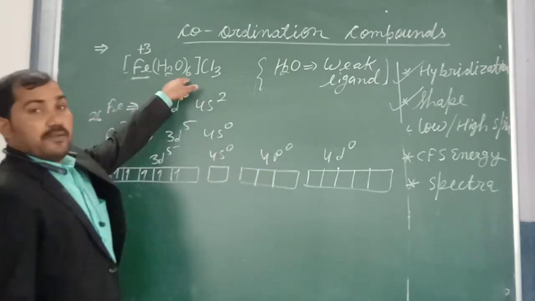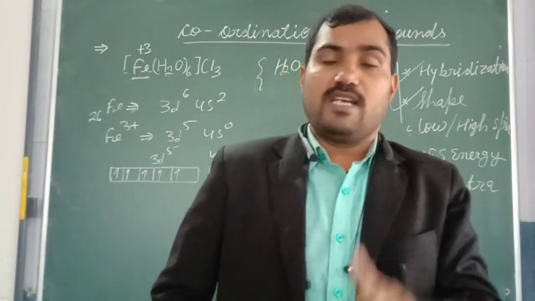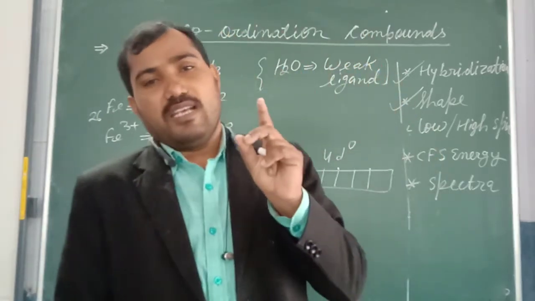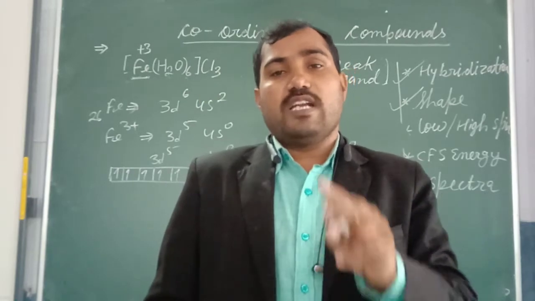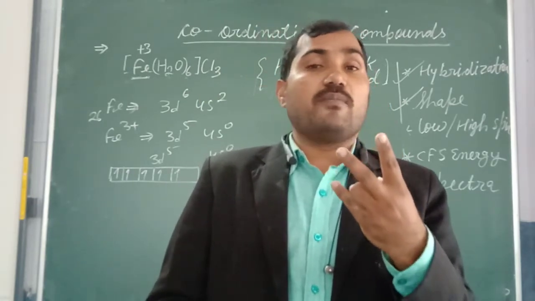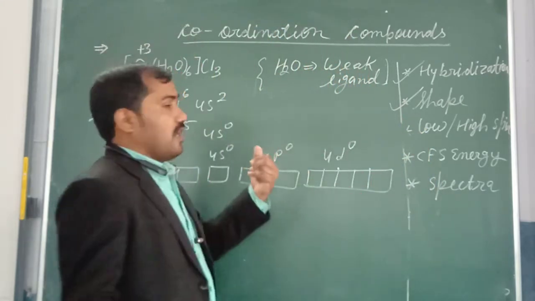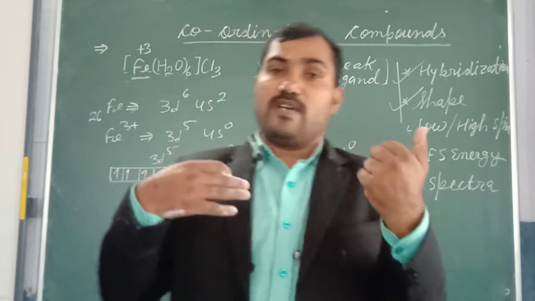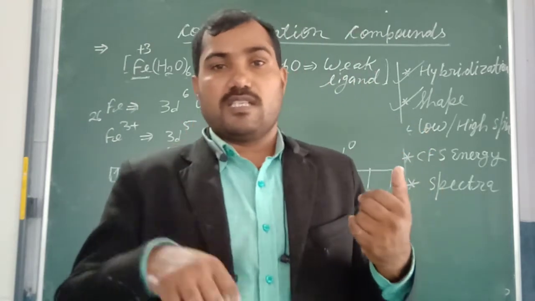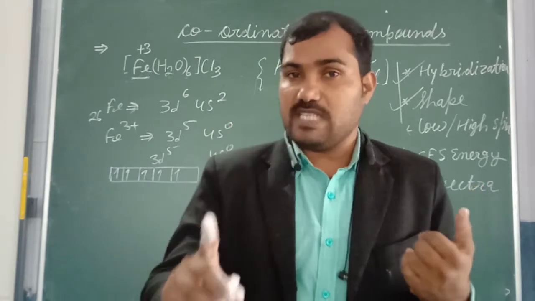How many ligands you have? You have six ligands, 6 water molecules, coordination number 6, and each ligand donates a pair of electrons, that is 2 electrons, into the vacant orbitals of the central atom. It means the central atom is accepting the electrons. That is why the central atom is known as the Lewis acid. Ligands are donating the pair of electrons, so they are said to be the Lewis base.